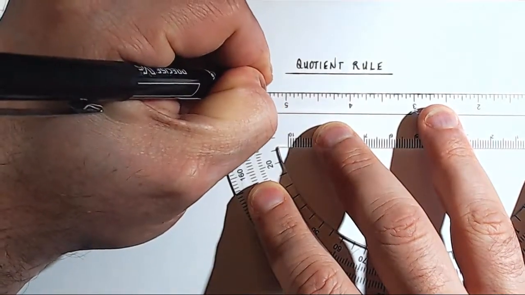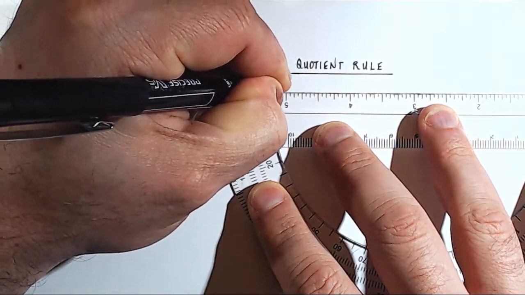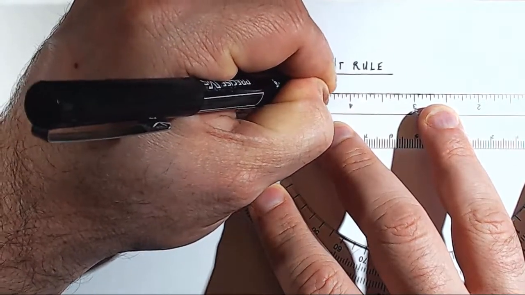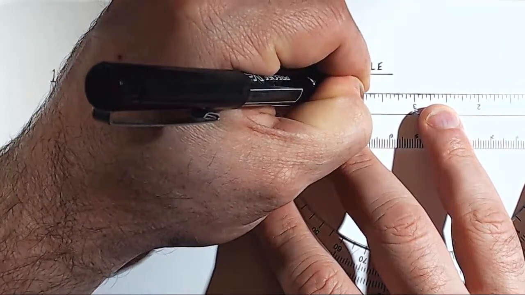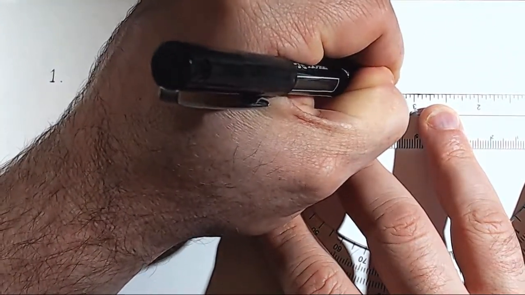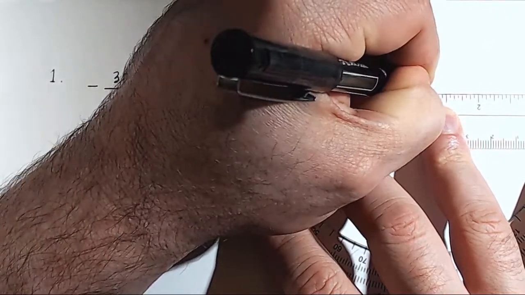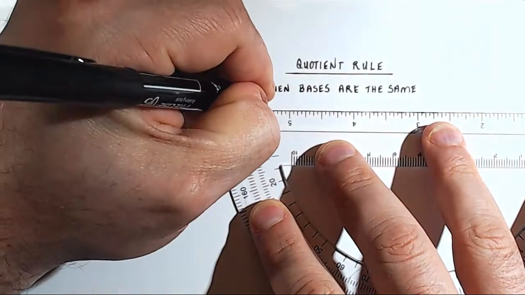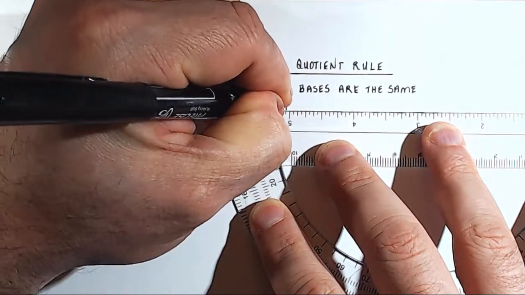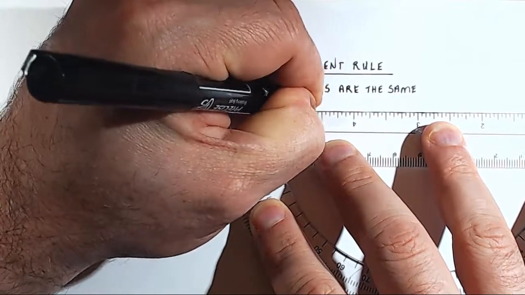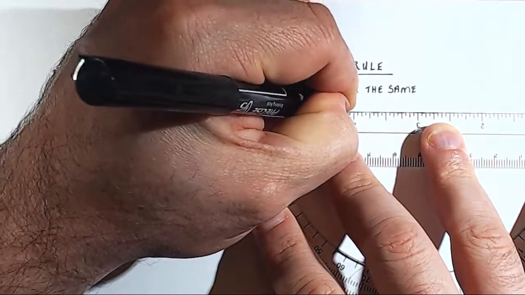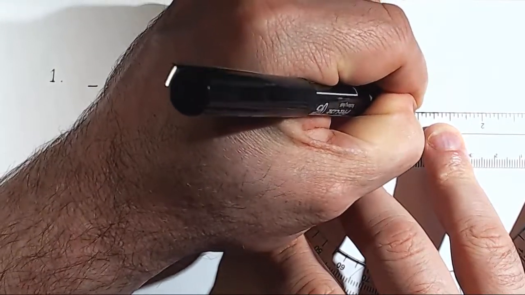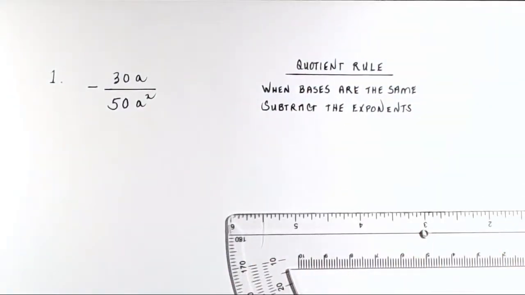So we'll say this: when bases are the same, subtract the exponents. Okay, so that's the rule that we need right now.